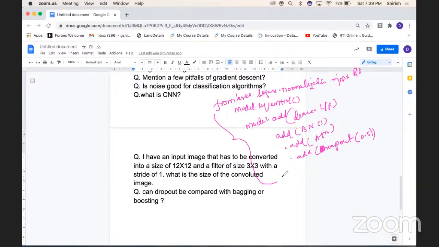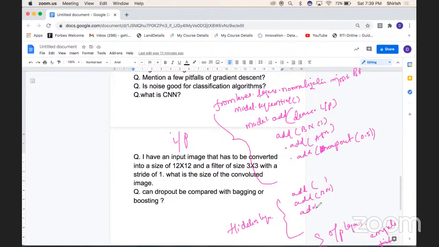So this is an input layer. Again, you can write a set of things for your hidden layer. Then you can write a set of things for your output layer. And then you do compile. Then you fit your model, train your model. In the hidden layer also you will add your dense, you will add your batch normalization, you can add your activation function, you can add your dropout rate.